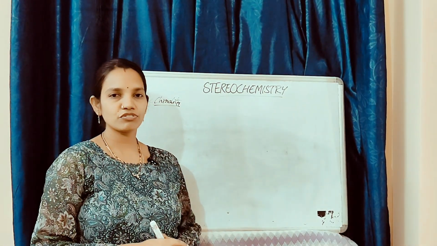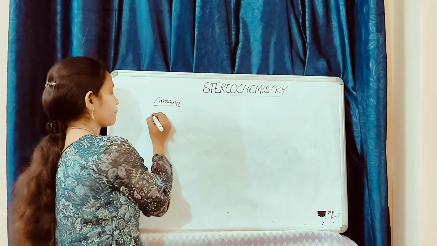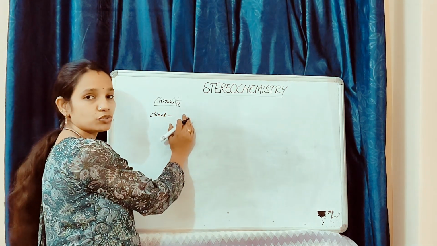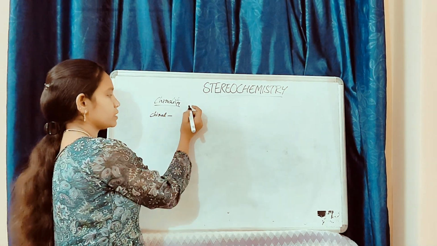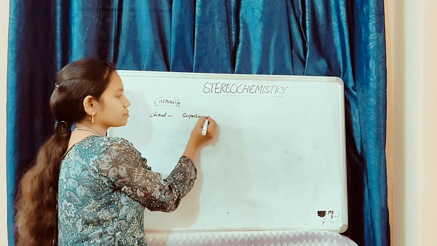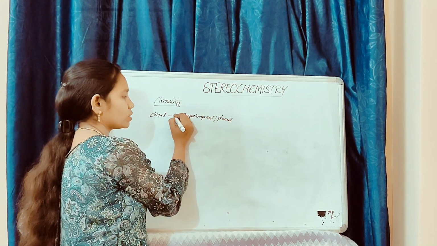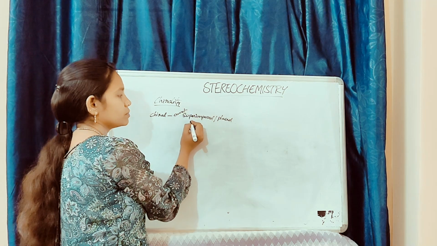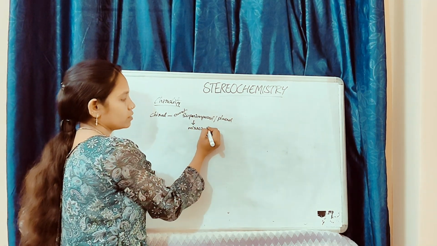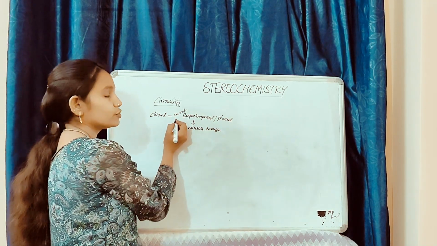Now we come to the concept of chirality. What is chirality? A molecule is chiral when it cannot be superimposed on its mirror image. Superimposed means placed on top.